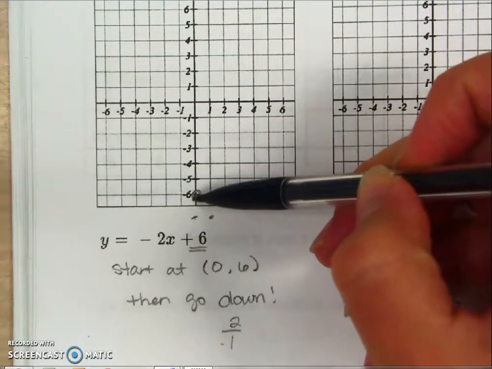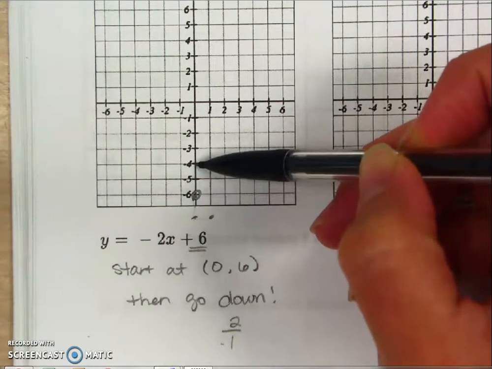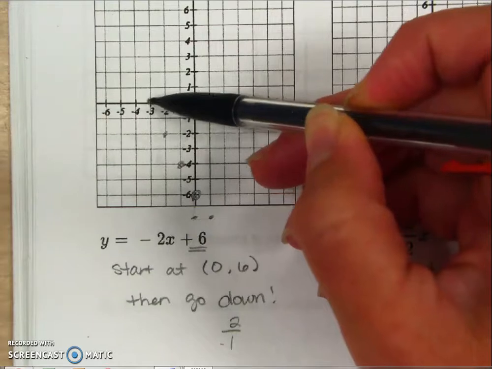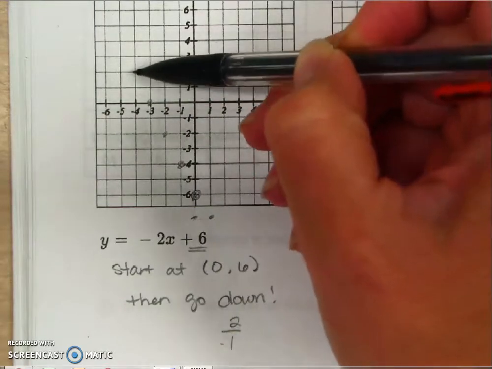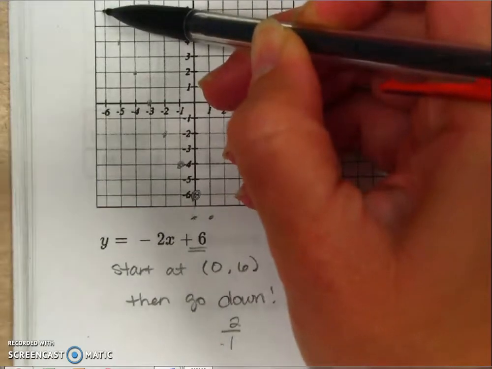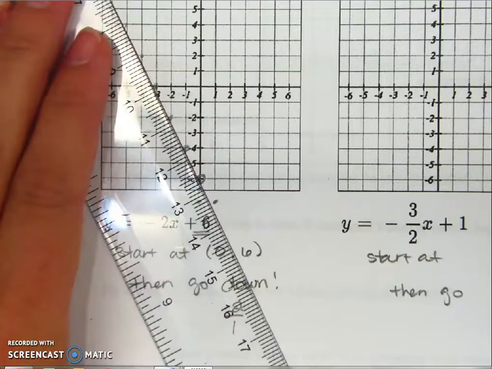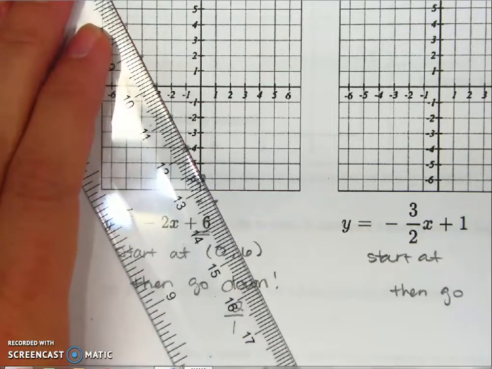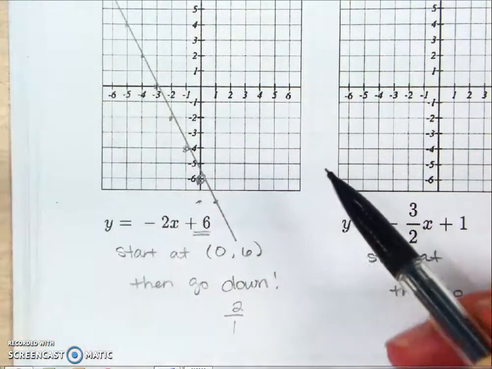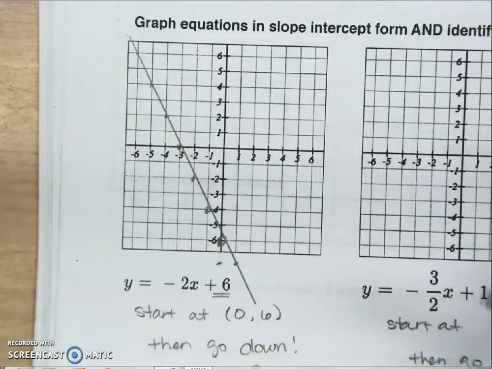Instead of down 2 over 1, we could go up 2 and left 1, and that would still get our line overall. It's a vertical change of 2 over 1, and that would get our overall line going downhill, because remember, a negative slope means it's decreasing. For every x, this is going to decrease 2 on the y's. We can check that line, and yes, it does decrease. So that's how we do this.